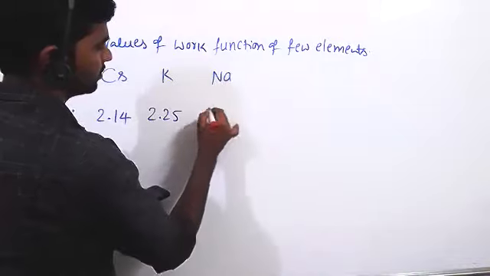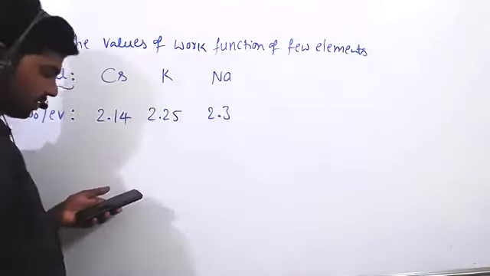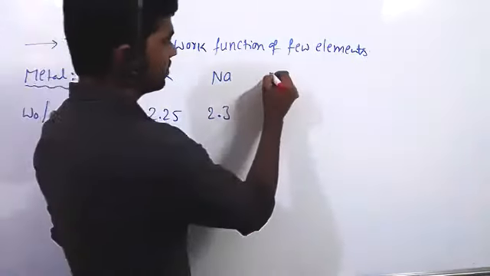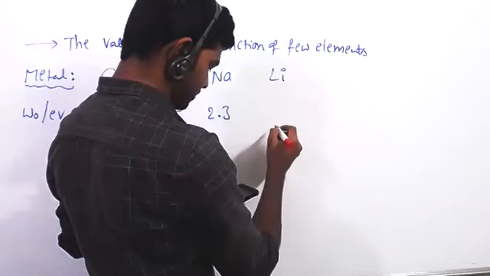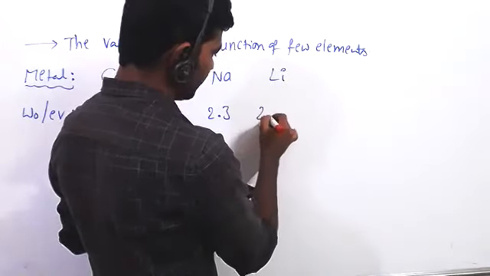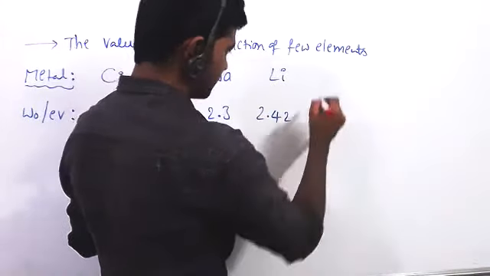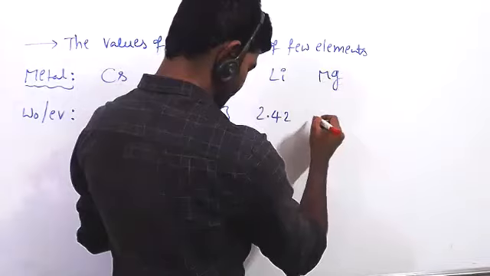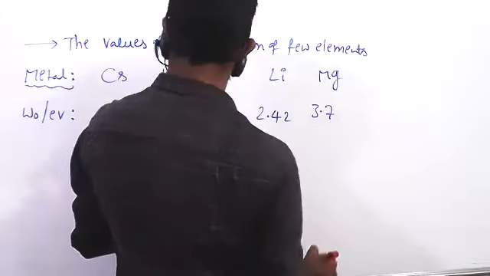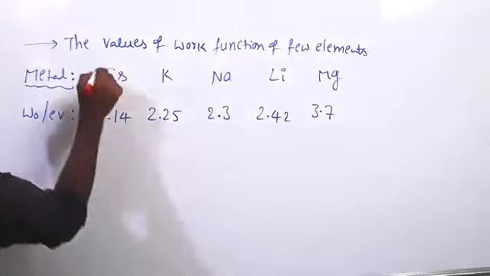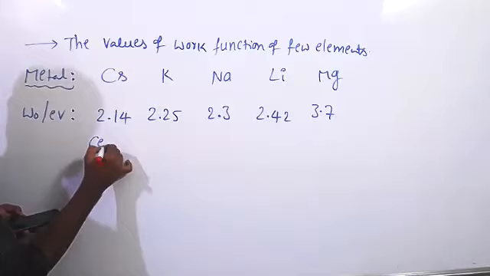Sodium 2.3 electron volt. Lithium 2.42. Magnesium. So what is the first element? Cesium. That is cesium.